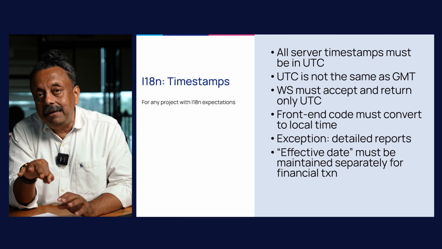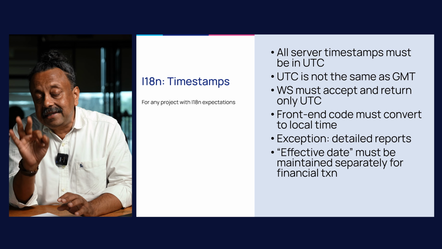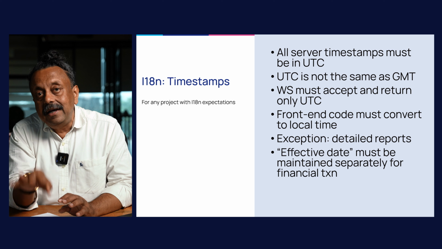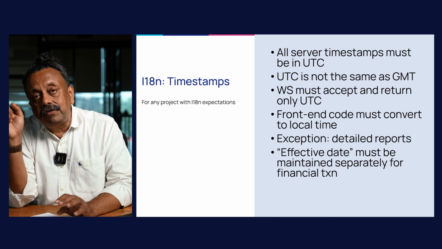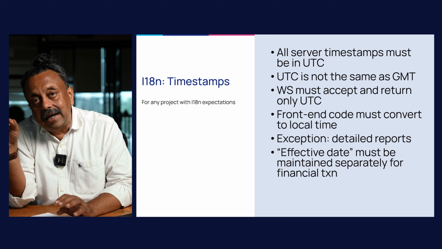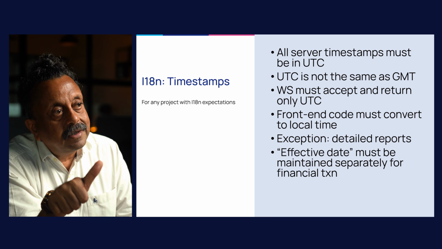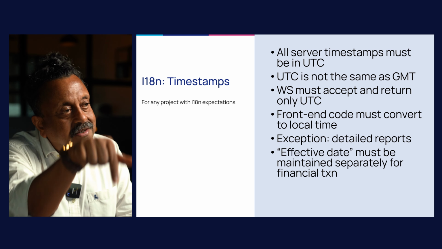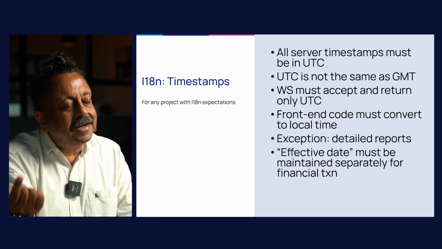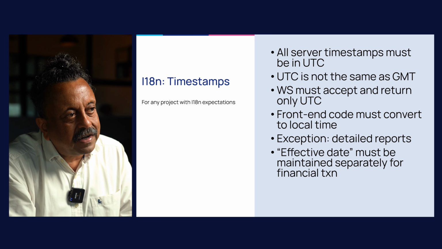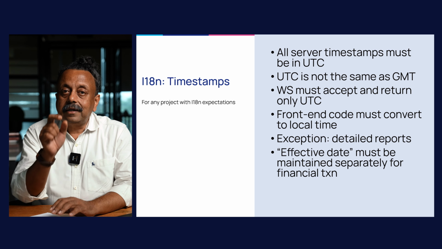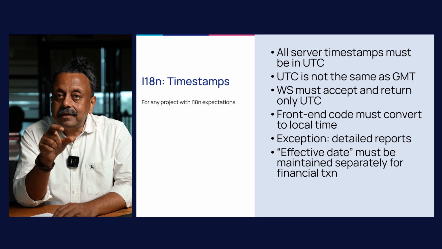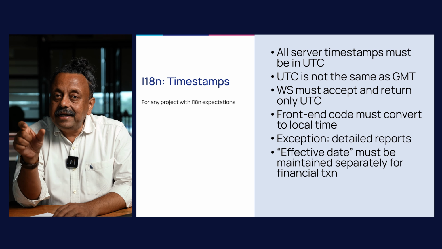One is the UTC timestamp, which gives you the exact timestamp precise to the second. And one is the effective date of the transaction, which is in the local time of the venue in which the transaction was effective. So the date at the venue where the transaction was effective needs to be recorded separately. So this is a very interesting insight we learned, that the effective date has to be stored in the database separately.